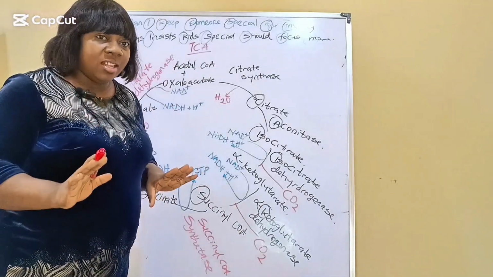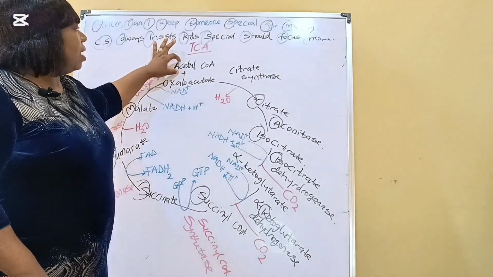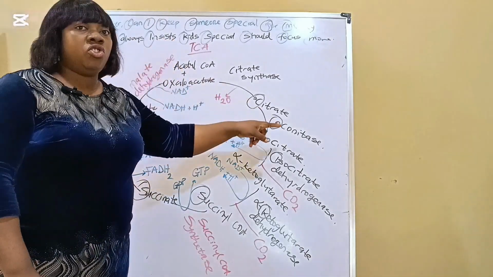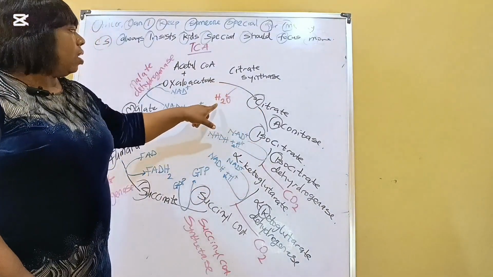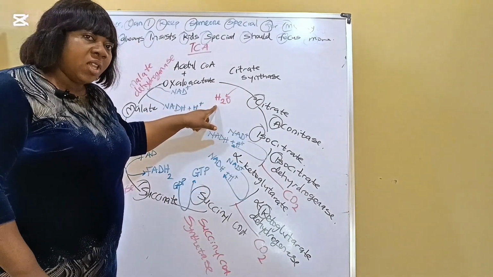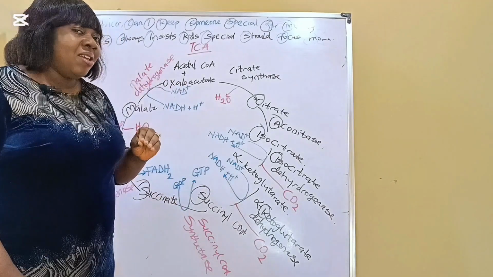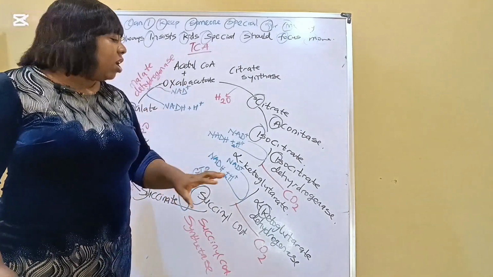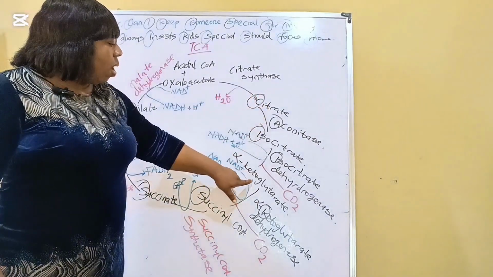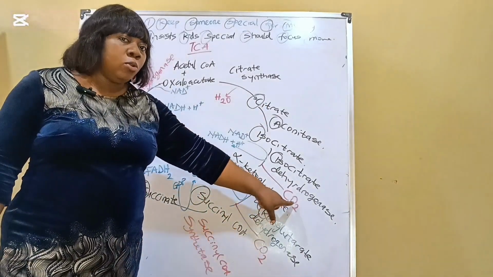Now, let's check this. In the reaction involving the conversion of acetyl CoA plus oxaloacetate to citrate, we have one molecule of water, H2O. That's one. In the reaction involving the conversion of isocitrate to alpha ketoglutarate, there is one molecule of CO2.